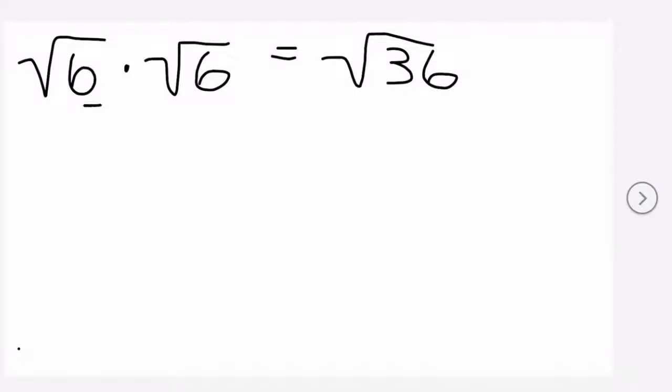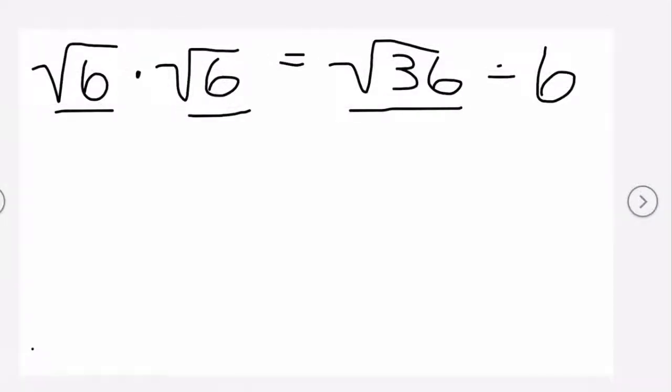So when your non-perfect square roots are factors of a perfect square, your answer is going to be rational. In this case, you have the square root of 6, irrational, times the square root of 6, irrational, giving you the square root of 36, which is, yes, you've got it, rational.